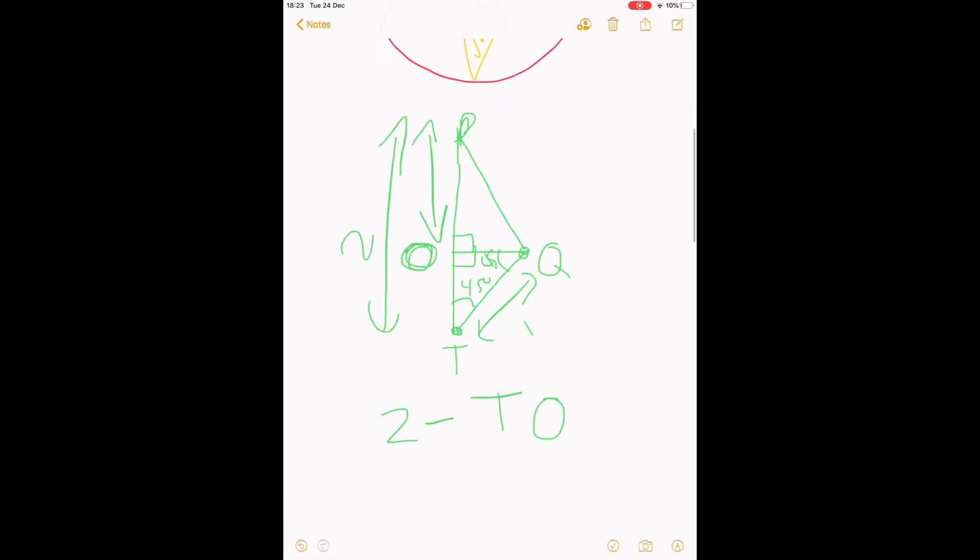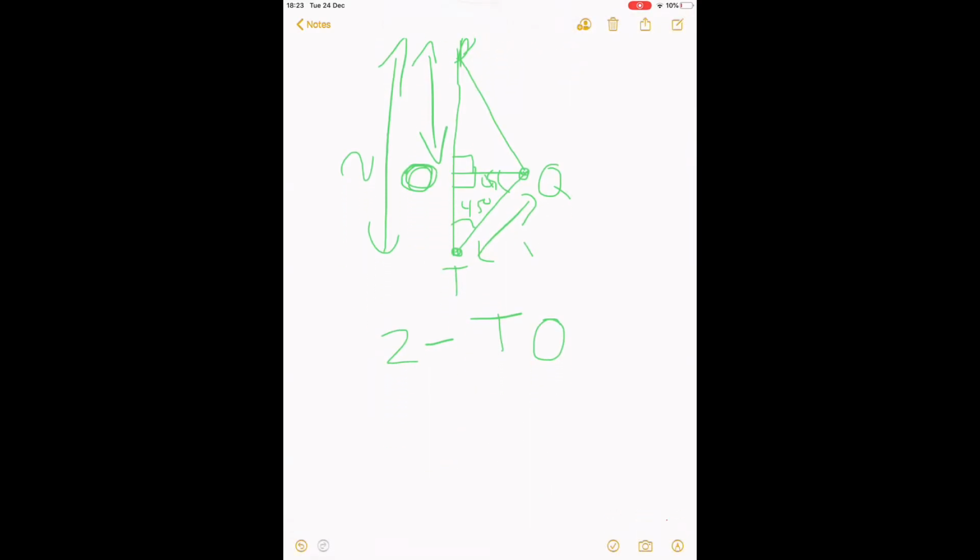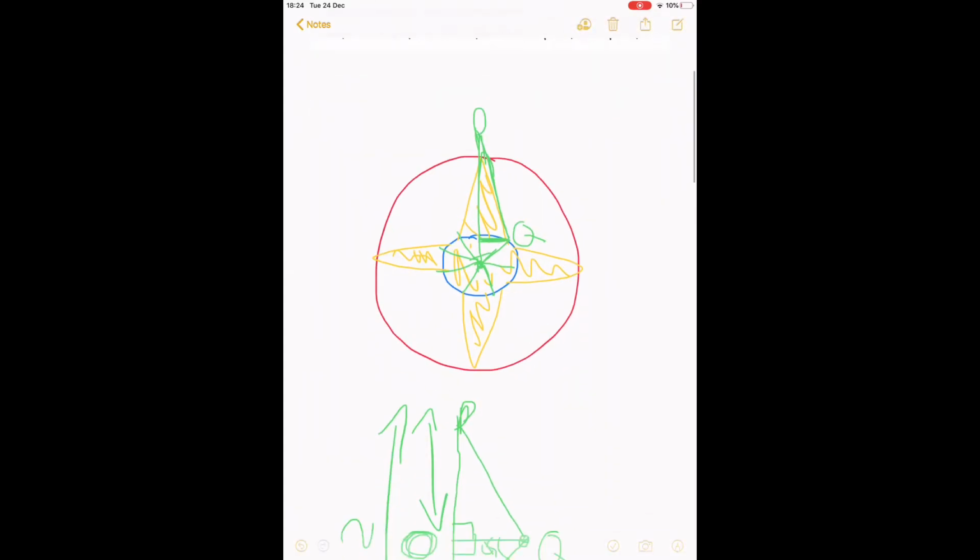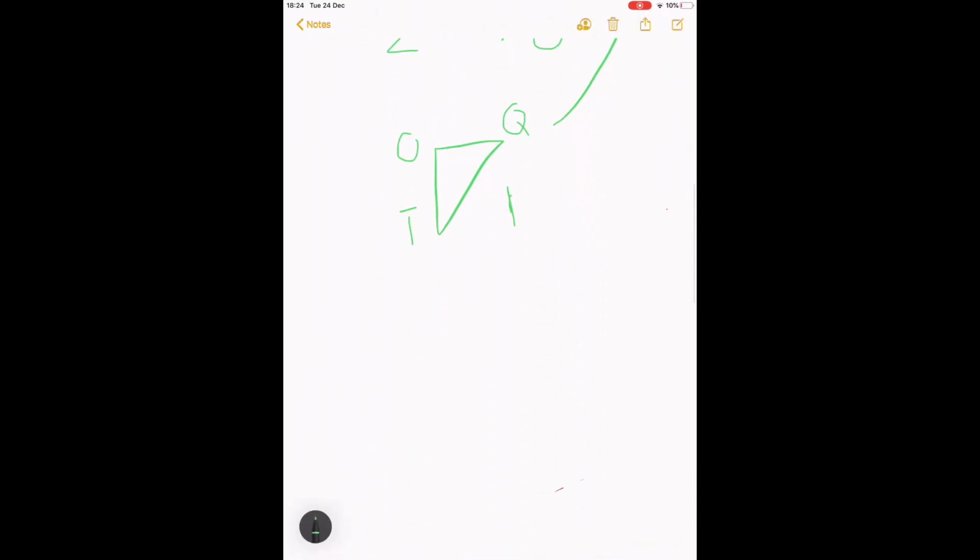To find the lengths of TO and OQ, we use Pythagoras' theorem on the smaller triangle. We have our 1 here, and then OT and OQ. Using Pythagoras, OT squared plus OT squared equals 1, because OQ equals OT.